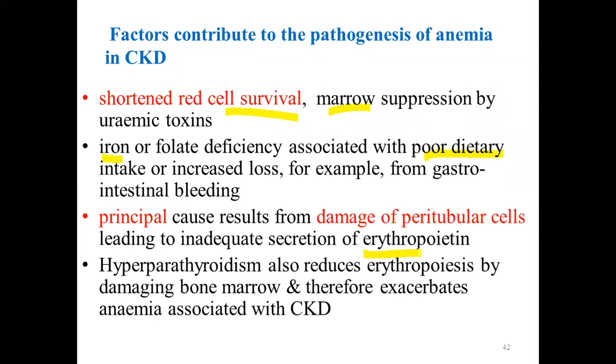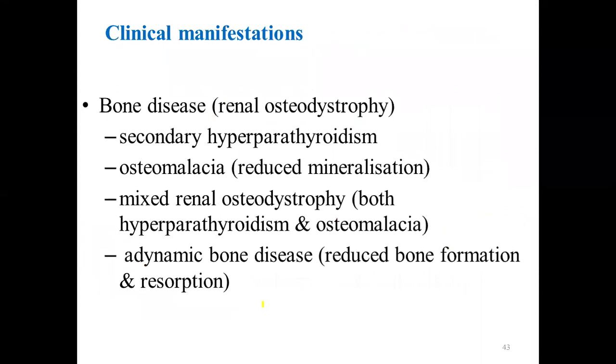Then, as I will come to later, as a result of low serum calcium level, the parathyroid gland undergoes hyperplasia. This also reduces erythropoiesis by damaging the bone marrow. Remember, the bone marrow undergoes osteomalacia, and this ultimately reduces erythropoiesis. So hyperparathyroidism can also increase the risk of anemia in CKD patients.